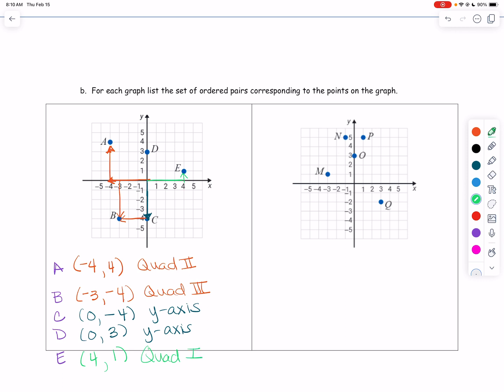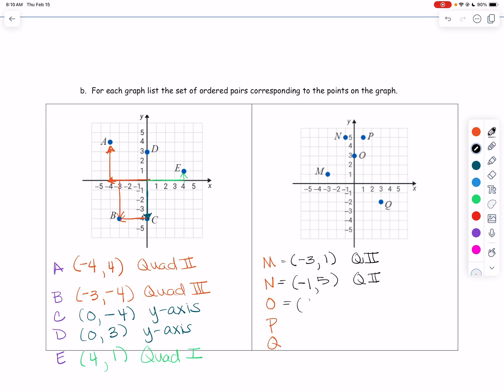Okay. All right, so now we're going to do the next one. Over here, I'm just going to go ahead and list M, N, O, P, and Q. M is the point -3 on the x, 1 on the y, and I'm just going to put Q for quadrant 2. N is -1 on the x and 5 on the y, and that is also quadrant 2.